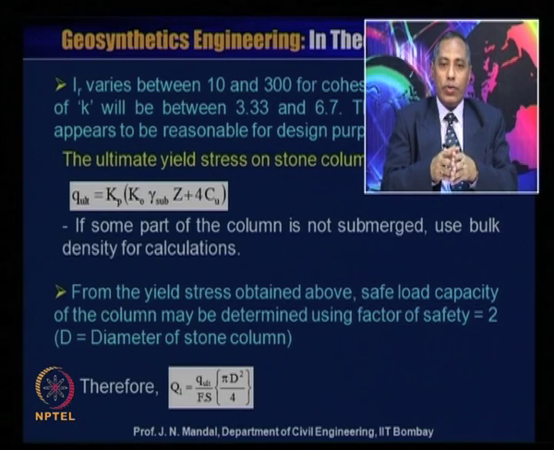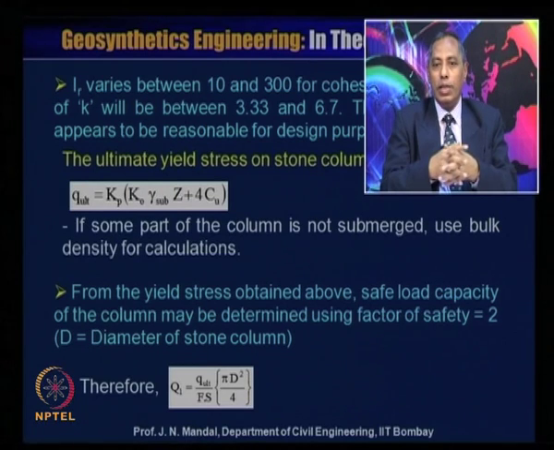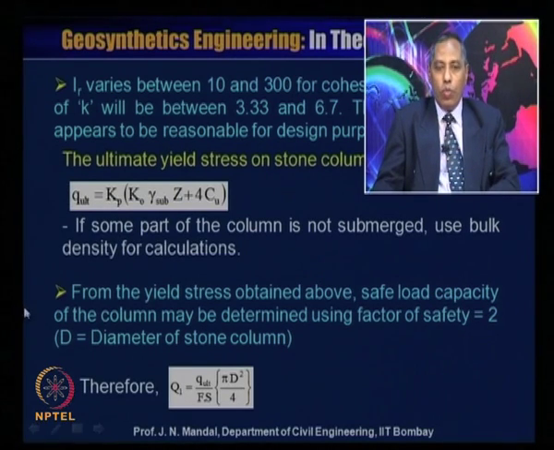From the yield stress obtained above, the safe load capacity of the column may be determined using a factor of safety equal to 2, where D is the diameter of the stone column. Therefore, Q1 is equal to Q ultimate by factor of safety into pi by 4 into D square, where D is the diameter of the stone column. So, you can calculate Q1 from this equation.